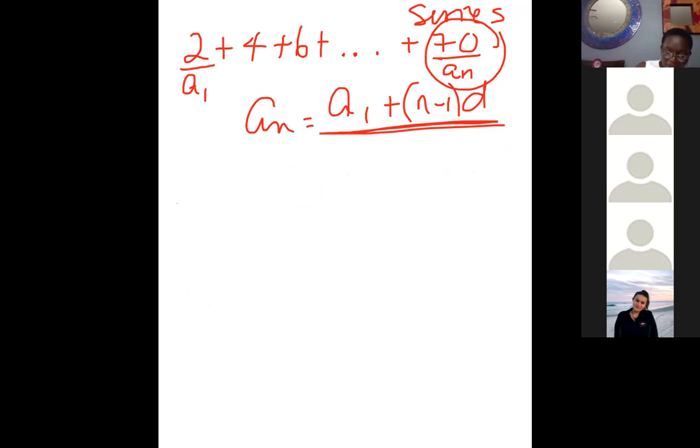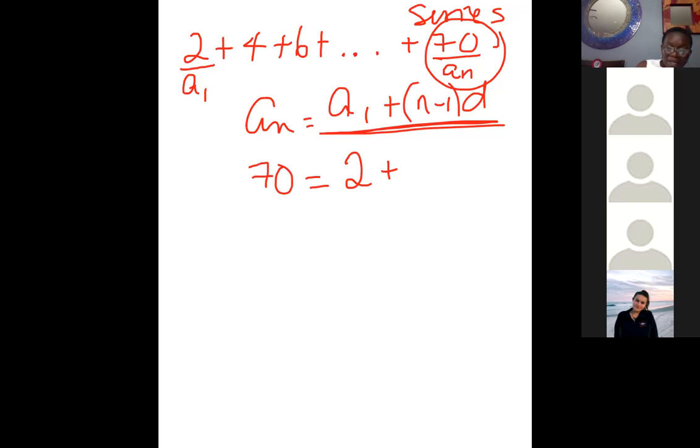So I'm going to go back and just figure out what term number the 70 represents. So let's work it out. The nth term is 70. Now we have the first term, which is 2. I see what you're saying, Sarah. Hold on.